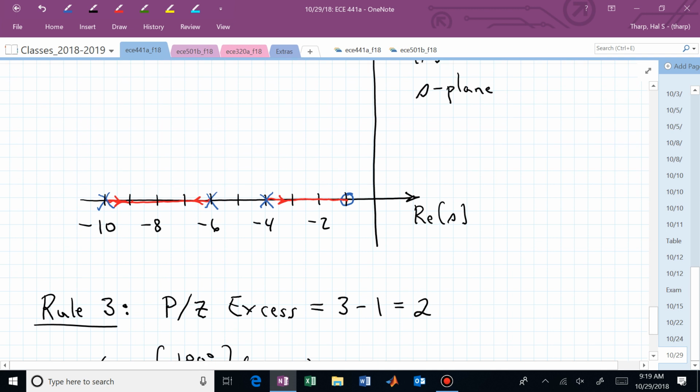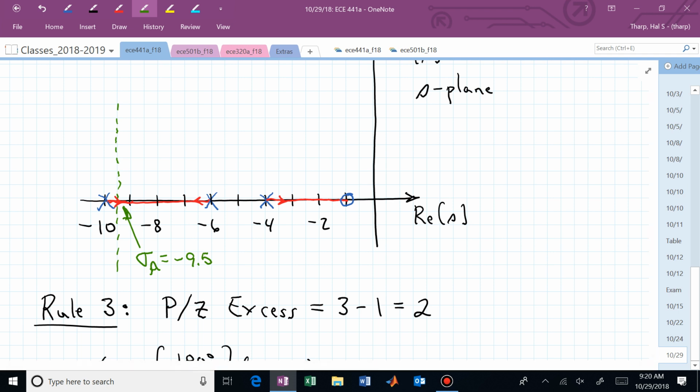So now we can come back to our diagram and say, oh, sigma sub A, which is the center, that's where we've pinned these angles. That's at minus 9.5, and now we know where our guidelines are for the root locus.